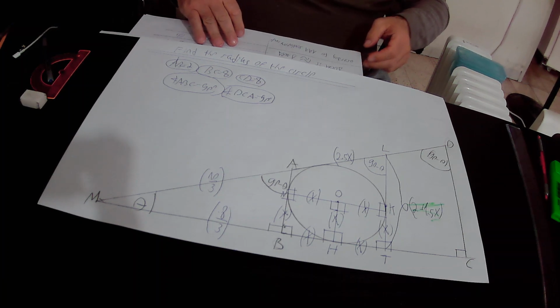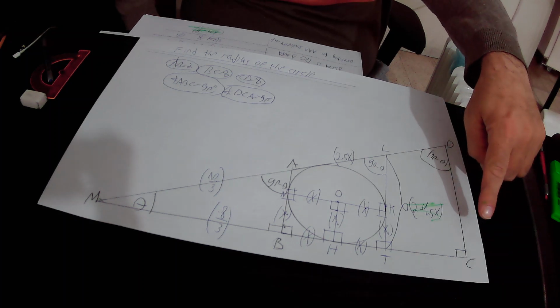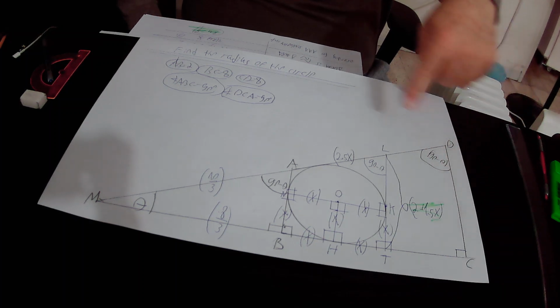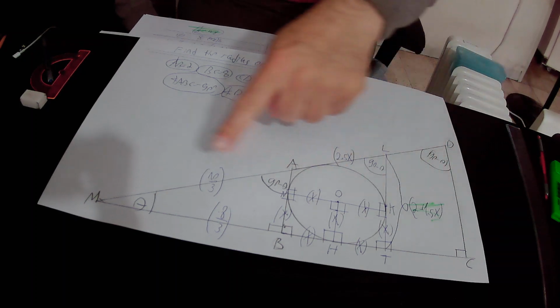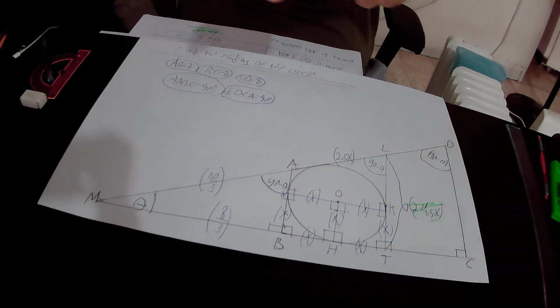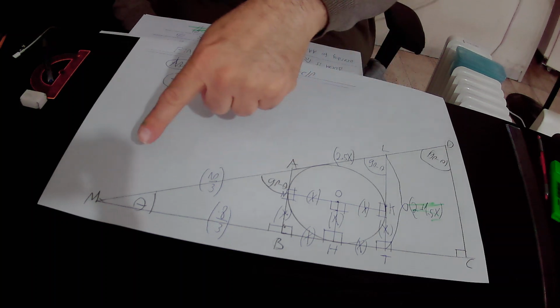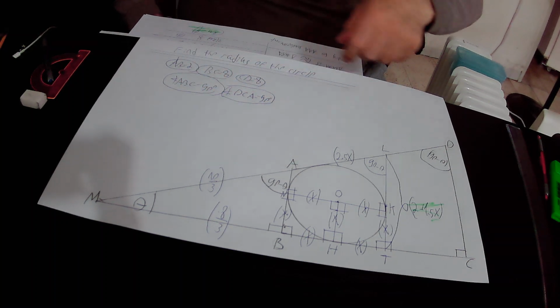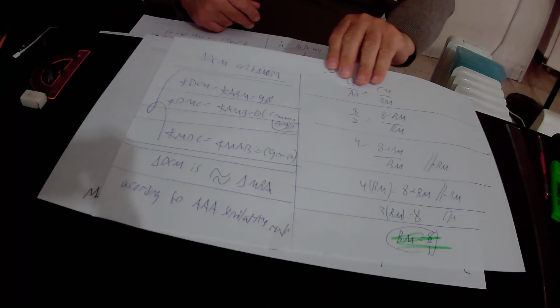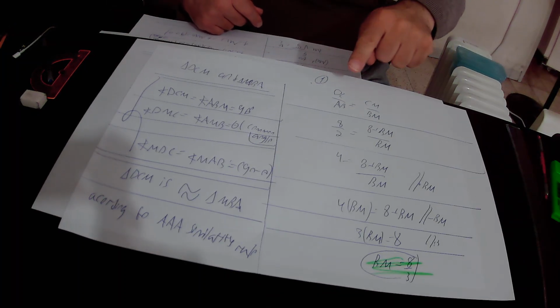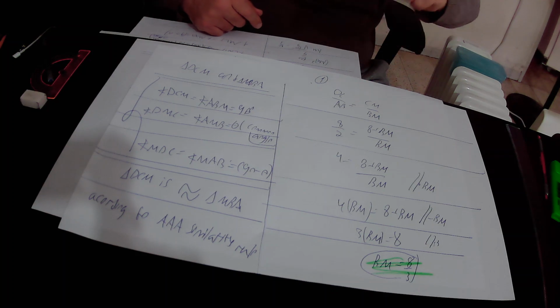Side DC of the big right triangle DCM over side AB of the small right triangle ABM equals side CM of the big right triangle DCM over side BM of the small right triangle MBA. I repeat again, DC over AB equals CM over BM.